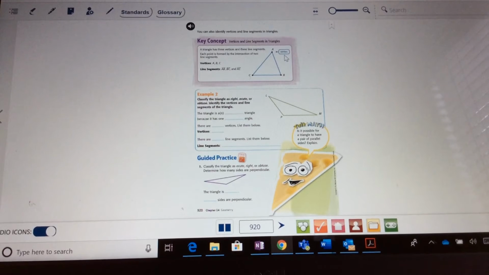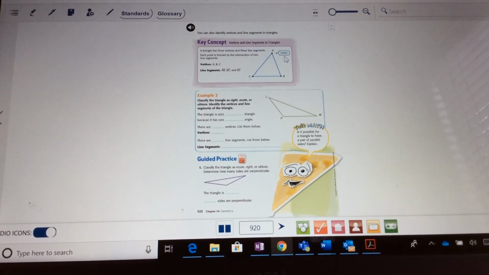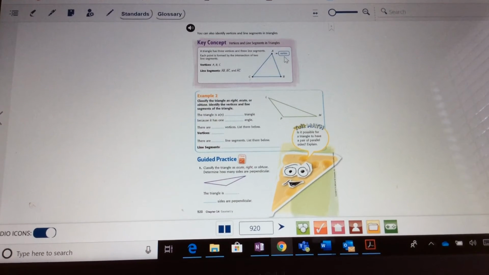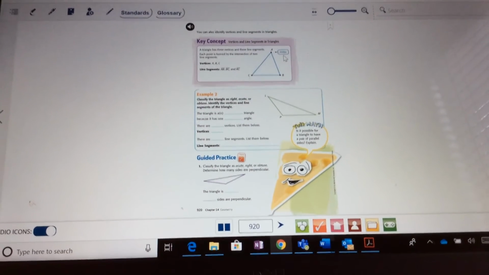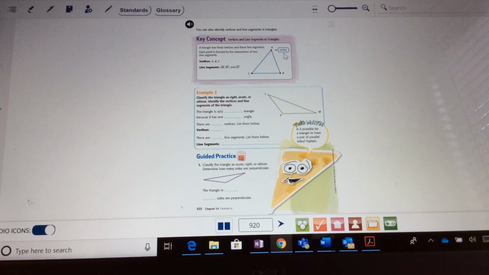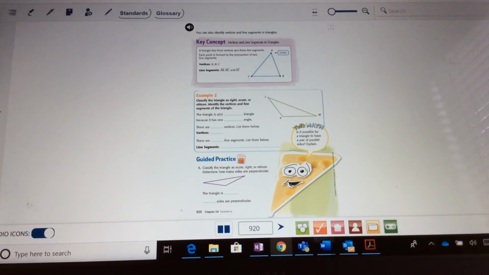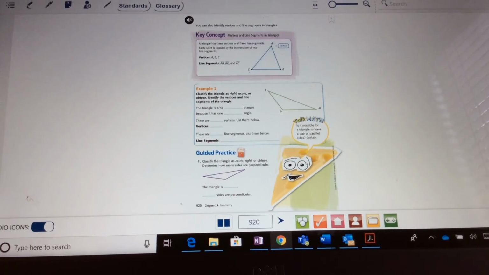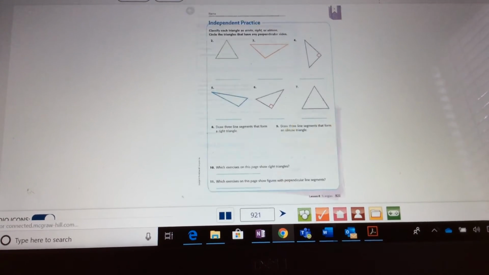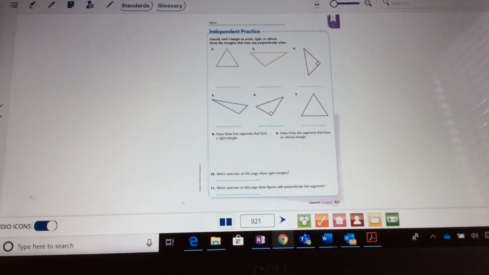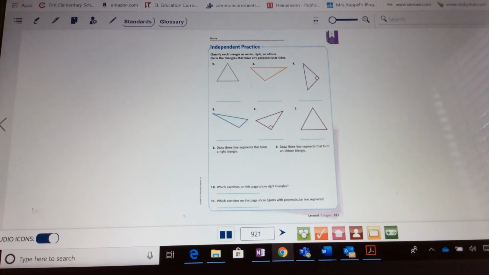So example 2 there wants you to classify the triangle either as right, acute, or obtuse. And so that's all you're going to do on these pages, is take a look at the angles in the triangle and write down whether they are acute, obtuse, or right. Okay, turn the page. And then on 21, that's all you do there.